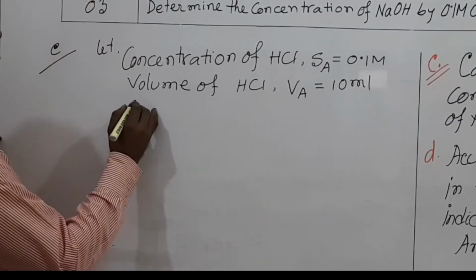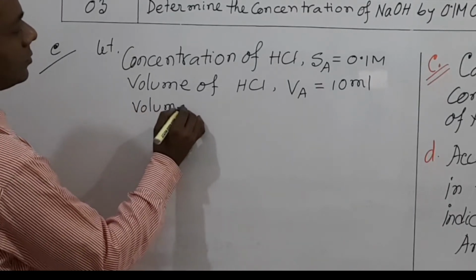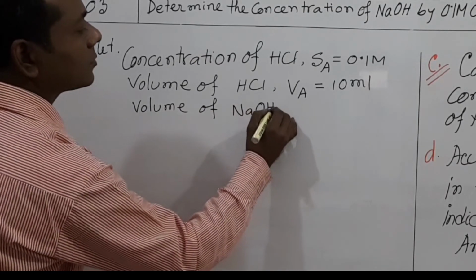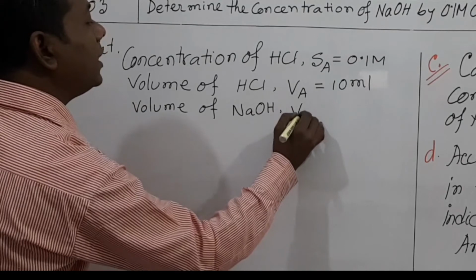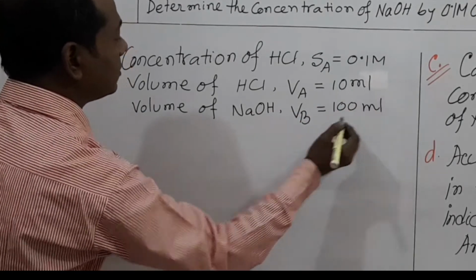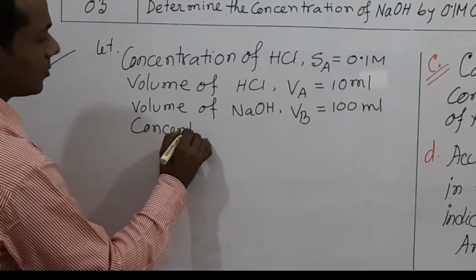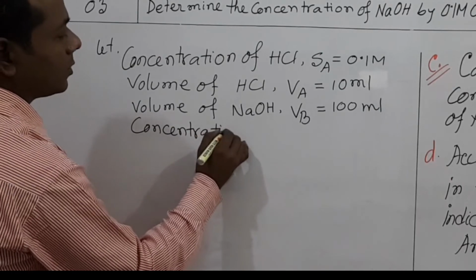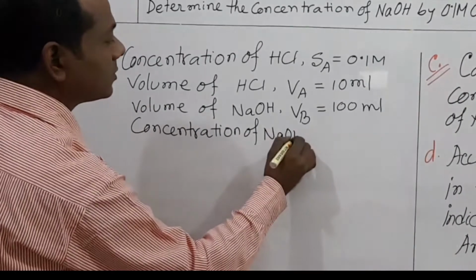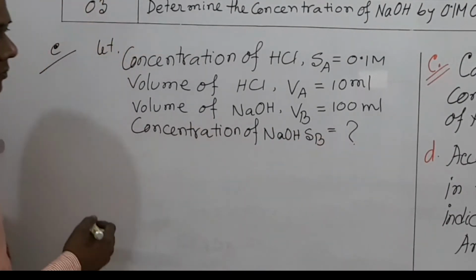Now, volume of sodium hydroxide, VB, equal to 100 ml, and concentration of sodium hydroxide, that is SB, equal to what?